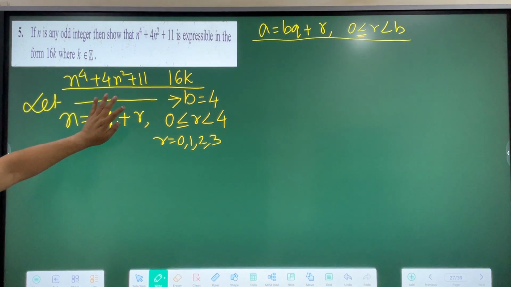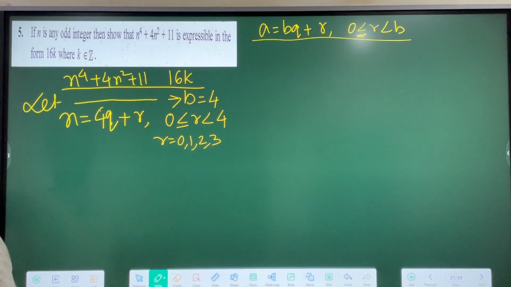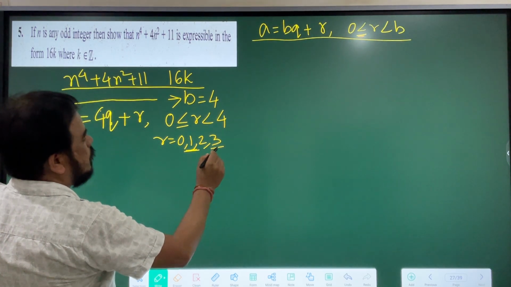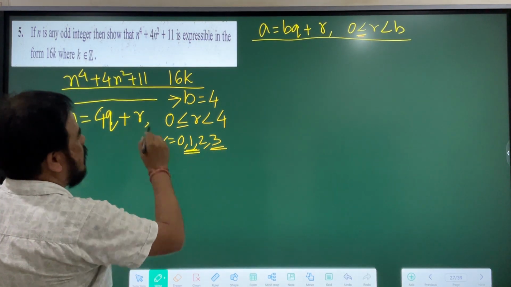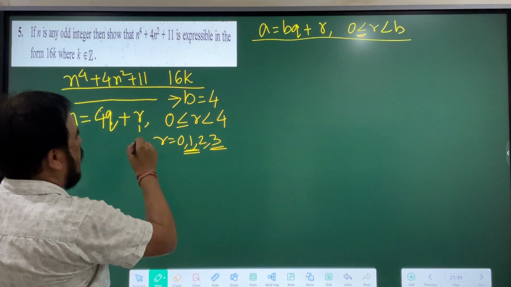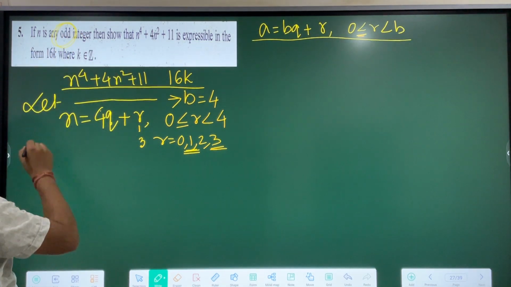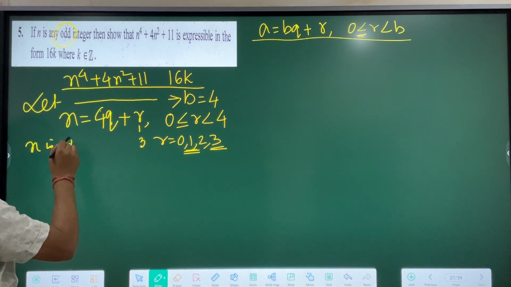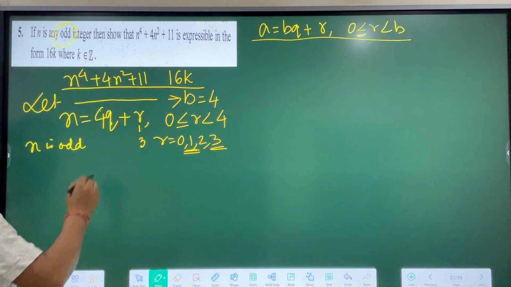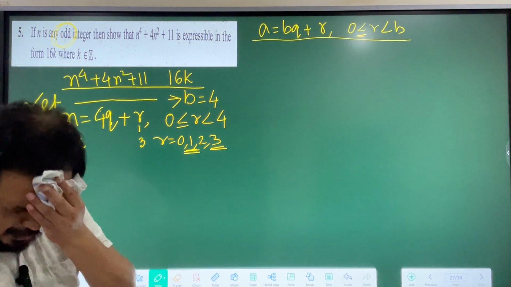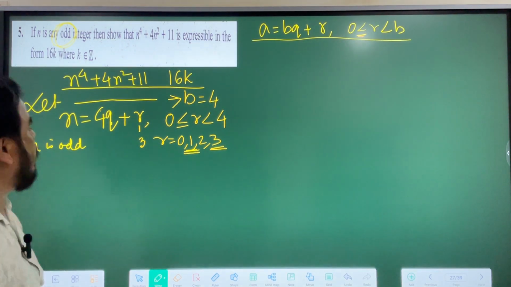In r, if you put 1 and 3, then only you will get odd, because n should be odd. So we will do for r equals 1 and r equals 3 only. I hope you understand what I want to say.